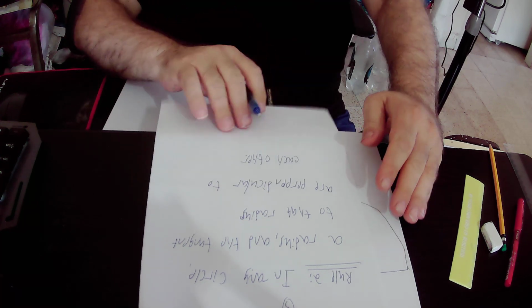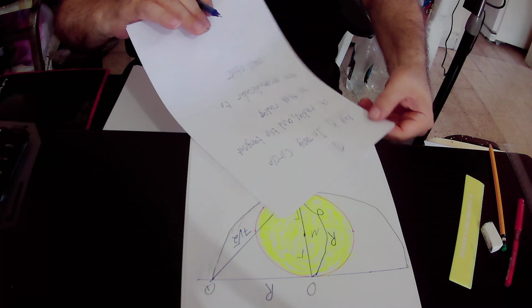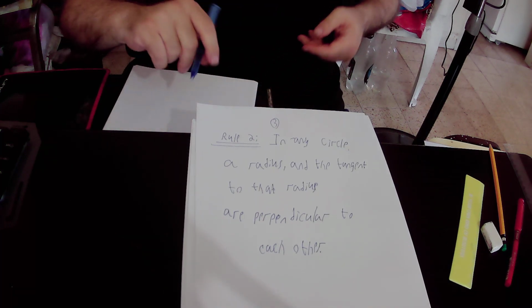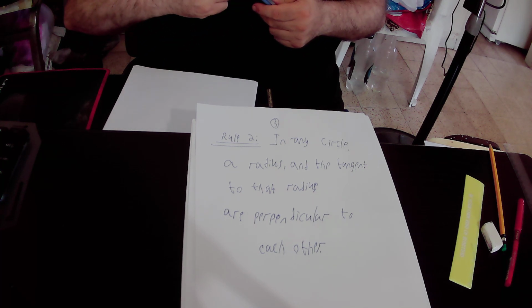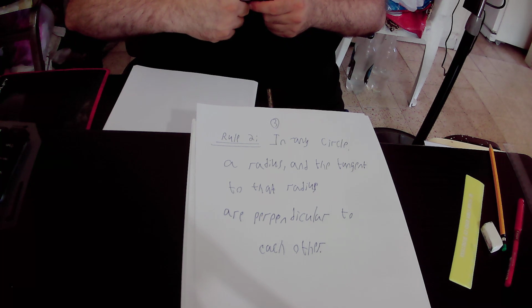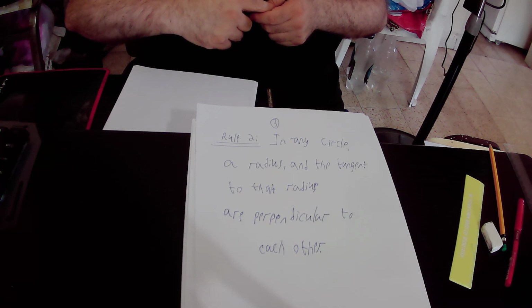So I will read rule number 2 again. Rule number 2 states that in any circle, a radius and the tangent to that radius are perpendicular to each other.